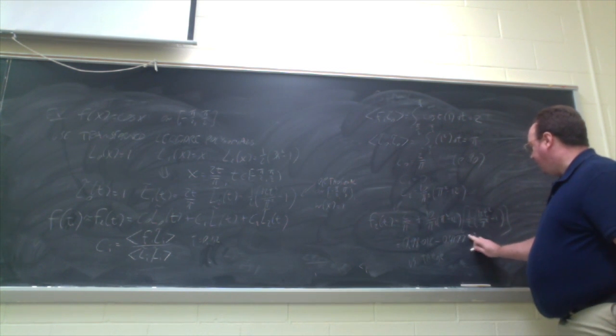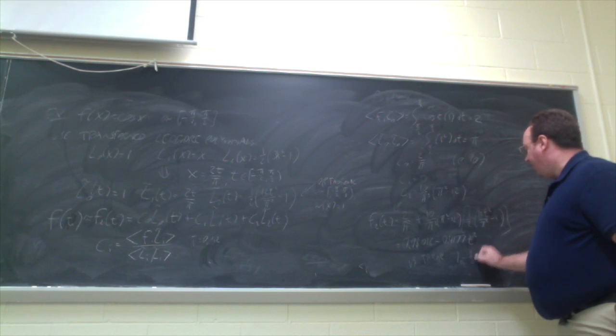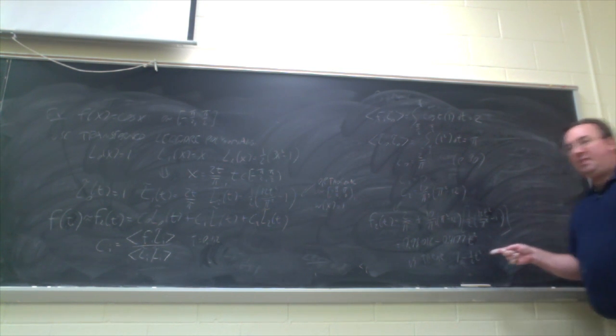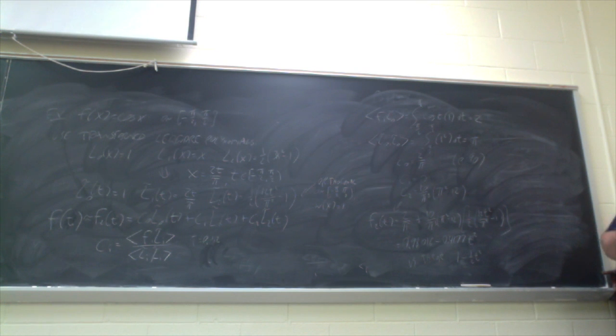Well, that's a t, not an x, which would be just 1 minus 1/2 t squared. Now, the Taylor polynomial is meant to approximate the function really well near its center, which is 0. This polynomial is meant to approximate f as well as possible on the whole interval minus pi over 2 to pi over 2. This one doesn't care what happens that far away.